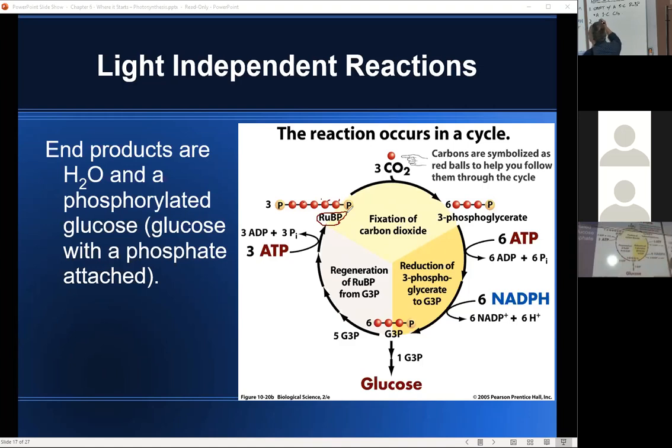So we get a 6-carbon molecule that breaks into 2 3-carbon phosphoglycerates.